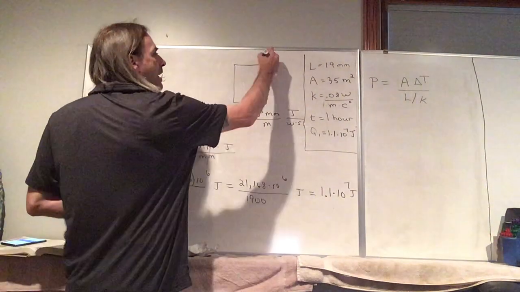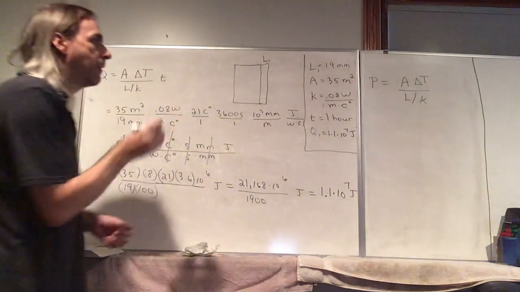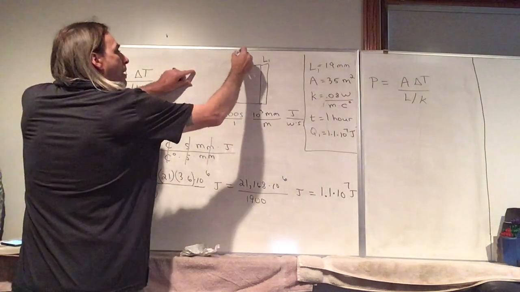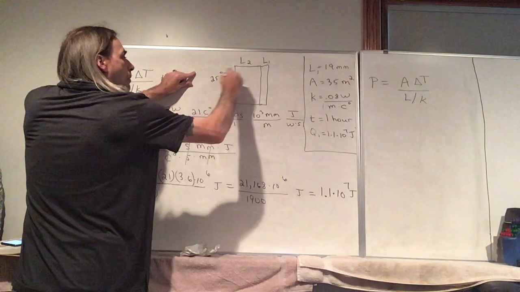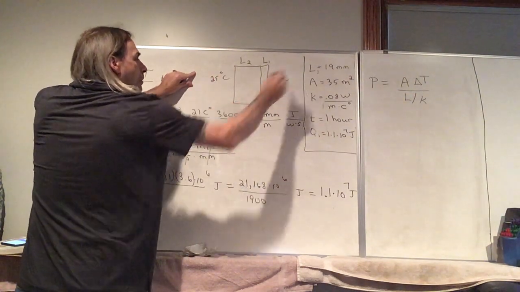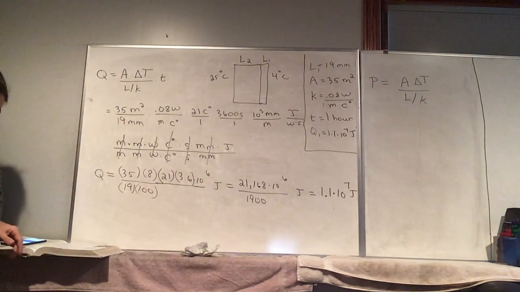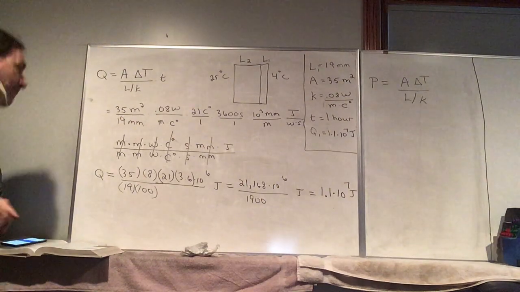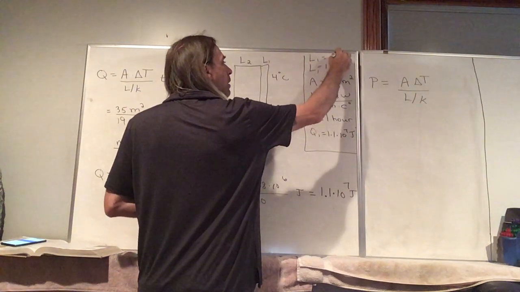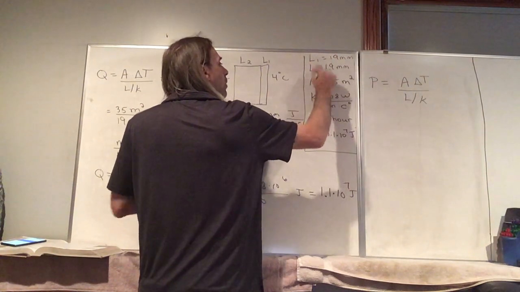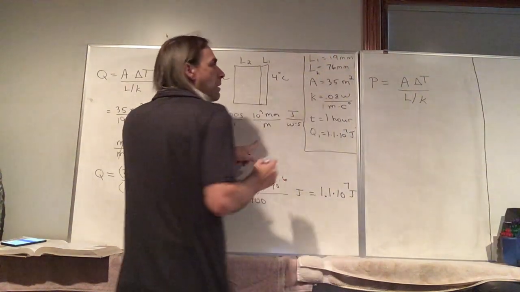But before, let's say what we've been talking about, let's call this L1. That's the thickness of the wall itself. And let's say the thickness of the insulation is L2, which, look up this example. This is 76 millimeters. So L2 is 76 millimeters.